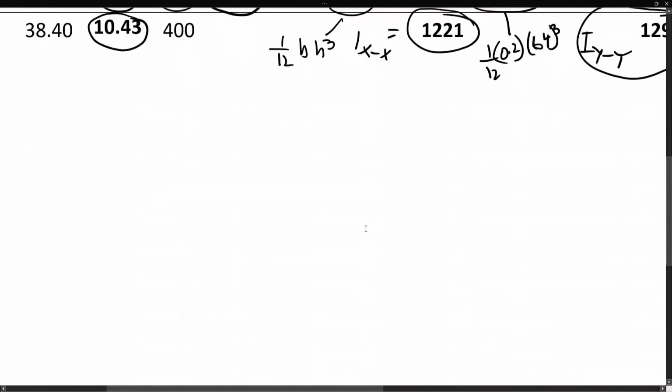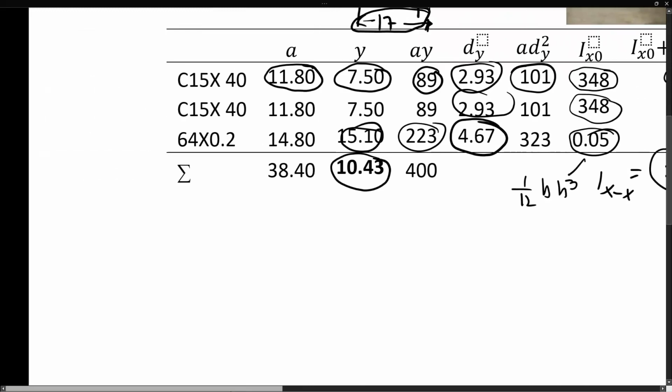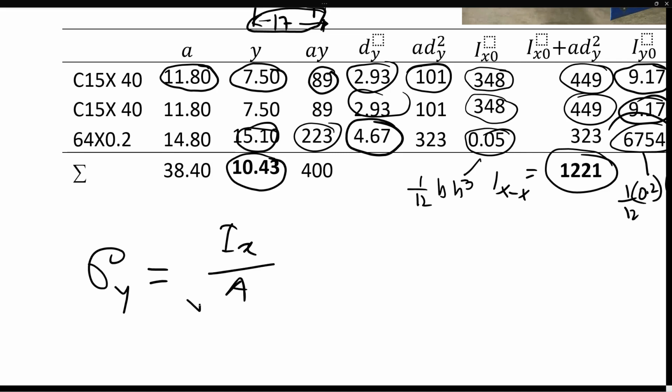Now a couple more things. The radius of gyration is generally related to the buckling of the frame, relevant when you're talking about columns. So the radius of gyration rx is simply the square root of Ix divided by the area. The Ix we found is 1221, and the area again doesn't change, 38.4.